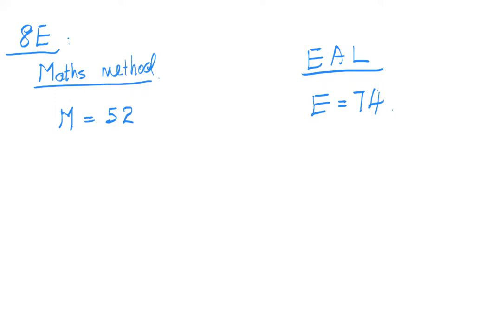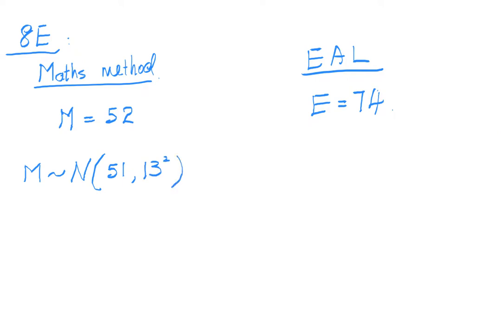Now I tell you that the Maths group distribution is normally distributed, and the mean is 51 and the standard deviation is 13, for example only.